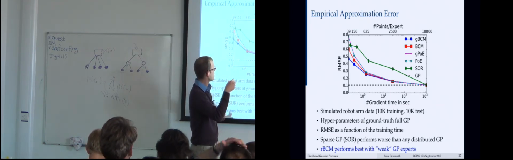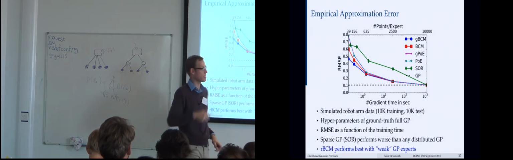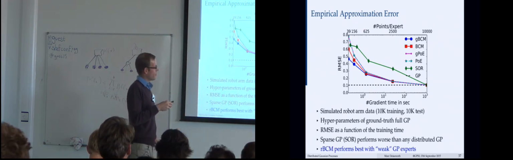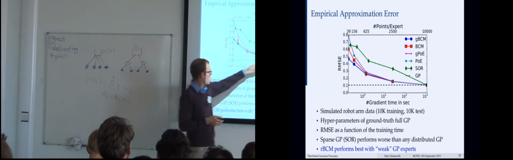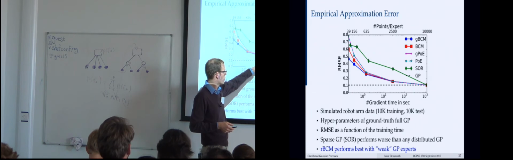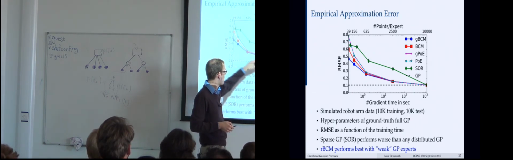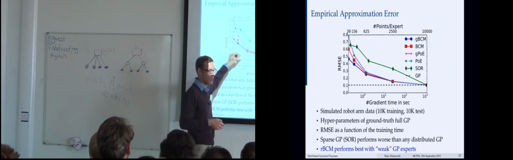The number of data points is written on the top horizontal axis. And the other models are pretty much identical in terms of RMSE for 4 experts with 2,500 data points each. And then they slowly start diverging.